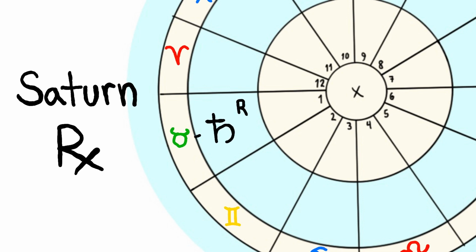So generally speaking, since retrogrades are about difficulty, when Saturn is retrograde, this almost always shows somebody that has difficulty around the topics of discipline and responsibility, and sometimes even ambition. They can also have a tendency to want to avoid commitment, and there can be difficulty with commitments and with authority as well.